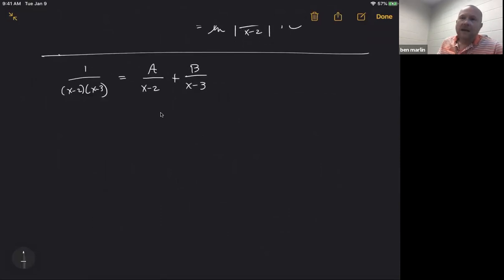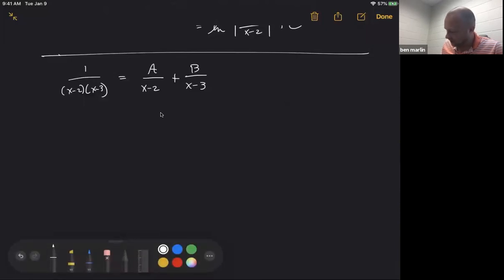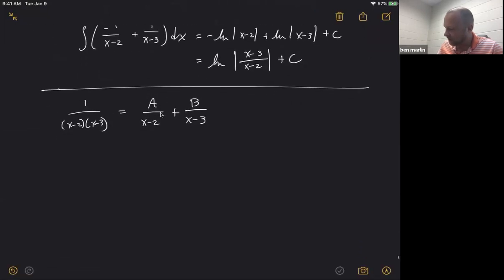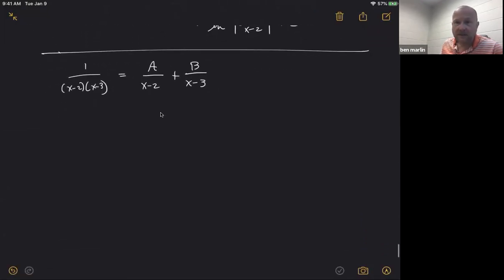Now, there's a little bit of a problem in that I normally do this on a chalkboard, so it's maybe not going to have quite the same visual, but I'm doing something called the Heaviside cover-up method. That's named after a mathematician named Oliver Heaviside.